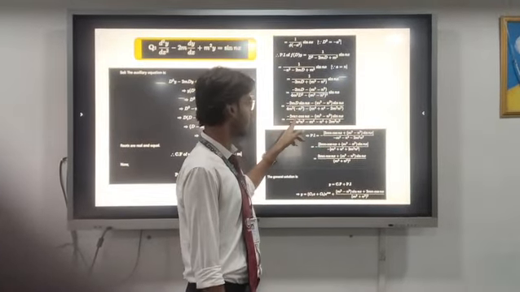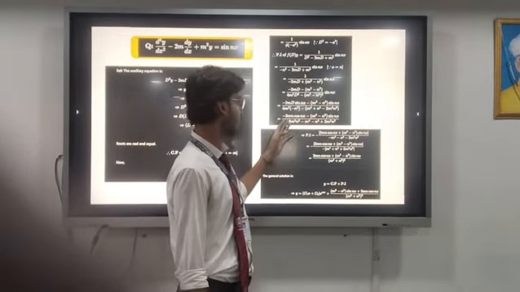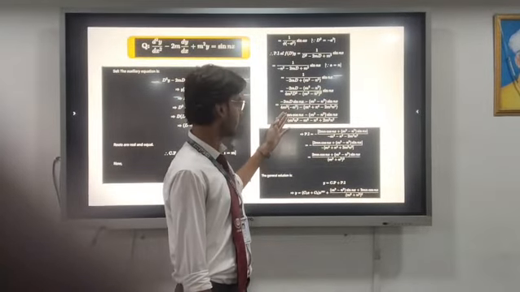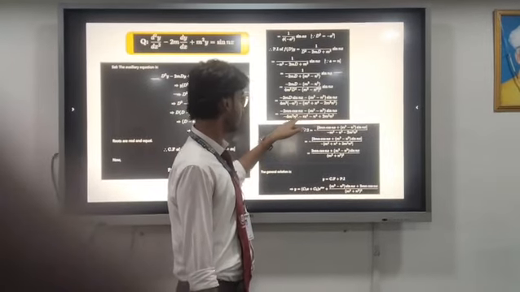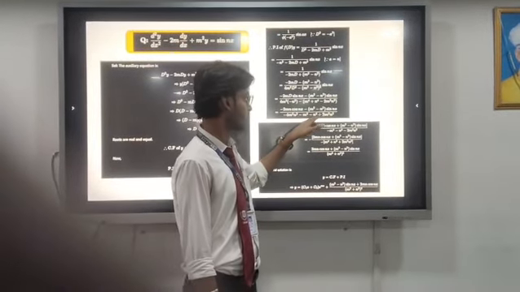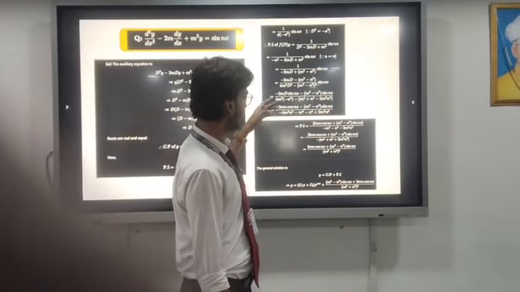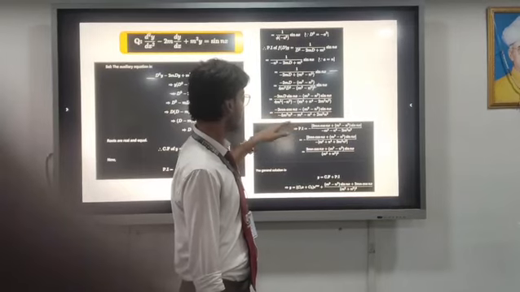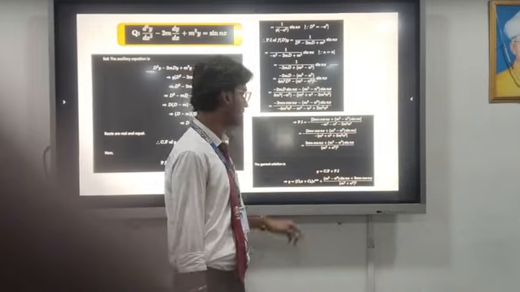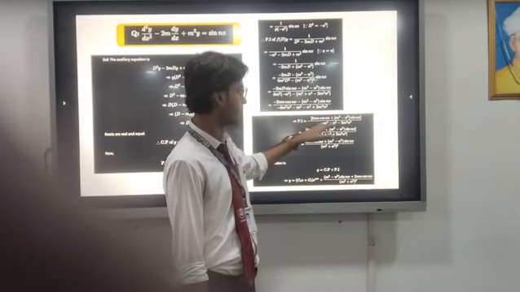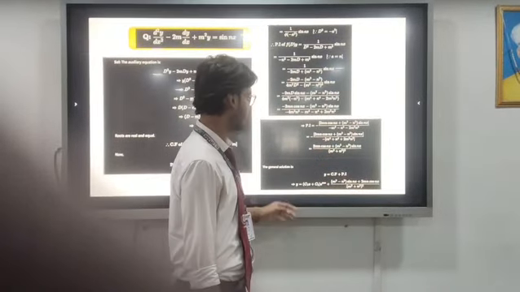So this will become minus 2mn cos nx minus (m squared minus n squared) sin nx upon minus 4m squared n squared minus m to the power 4 minus n to the power 4 plus 2m squared n squared. Now the particular integral is equal to, taking minus common, minus (2mn cos nx plus (m squared minus n squared) sin nx) upon minus m to the power 4 minus n to the power 4, and we solve these two terms, so here we will get minus 2m squared n squared.